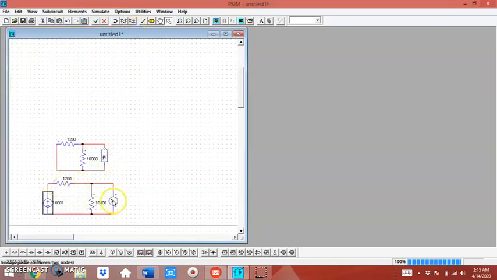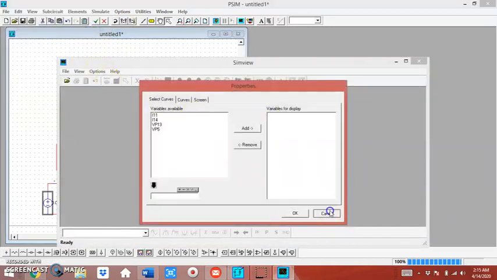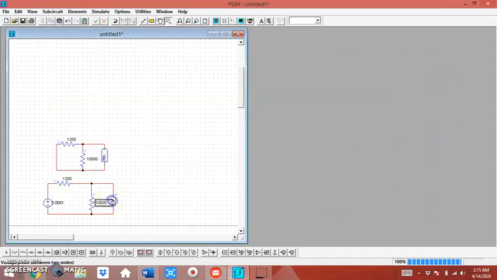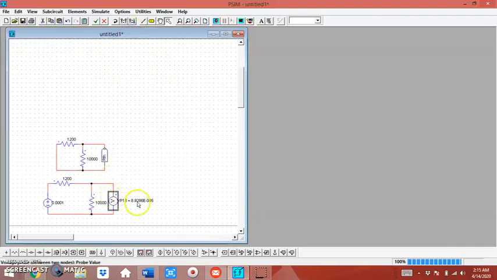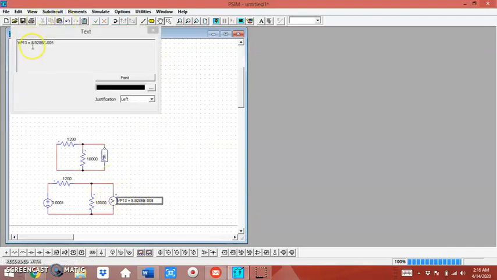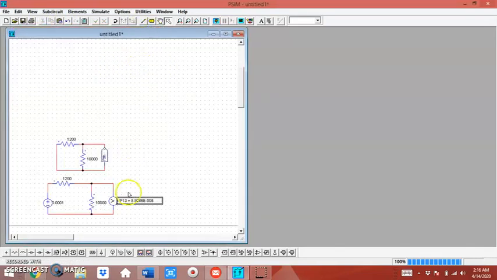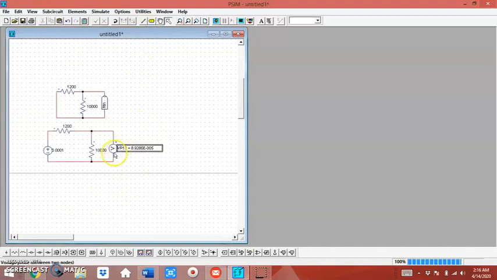So now connect the voltage probe to find the voltage. Let's simulate. The voltage we get is 8.9286 to the power of minus 5. So this is for the voltage. Now let's measure the current. This is the current probe. So simulate.